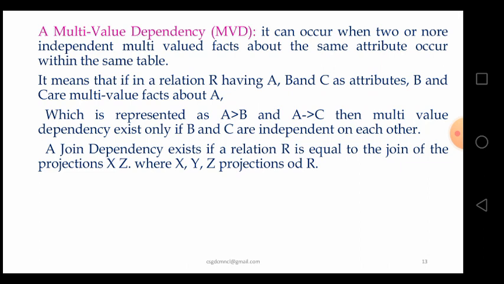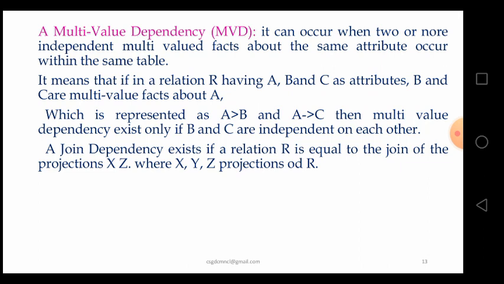It means if any relation R has A, B and C as attributes, and B and C are multi-valued facts of A, represented as A to B and A to C, then multi-valued dependency exists only if B and C are independent of each other.